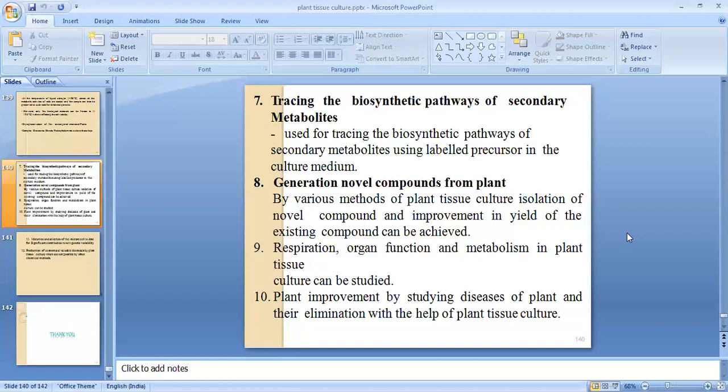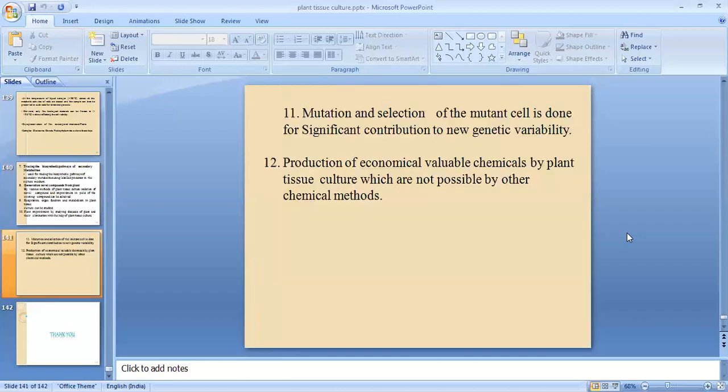And plant improvement can be done by studying the diseases of the plant, eliminating the unwanted traits and retaining the wanted traits to produce disease-free plants.